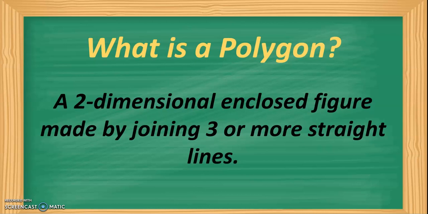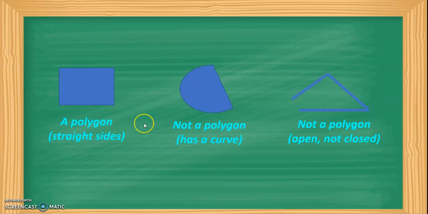Now we need to know how to identify a polygon. Here we have three figures, two of which are not polygons. These are not polygons, the one in the middle and the one at the end. The one in the middle has a curve, and a polygon's lines must be straight.